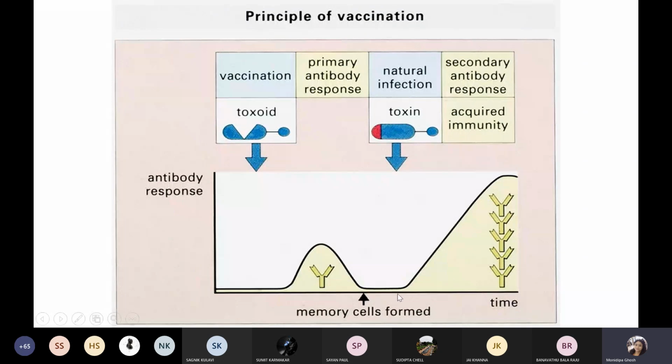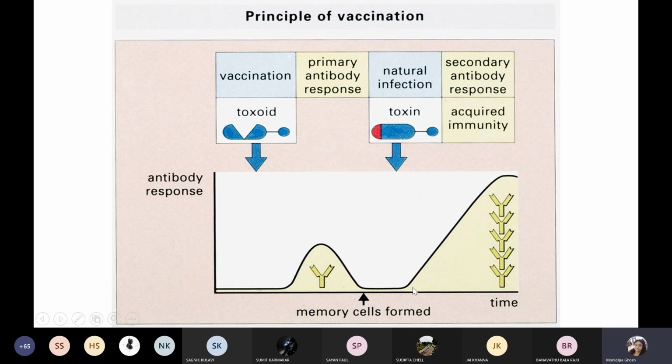You just see, the picture is not very proper. I will show another picture. This period is quite shortened compared to this period. The primary response needs more than 10 to 12 days, but the phase of attaining the antibody titer after the secondary infection or the secondary booster dose is quite small.